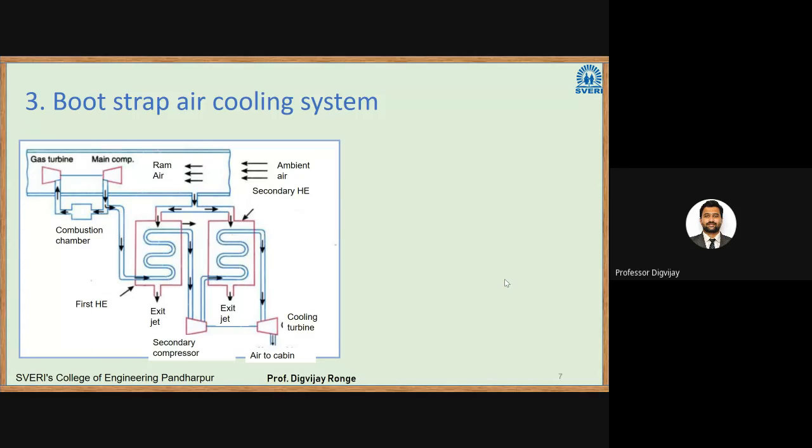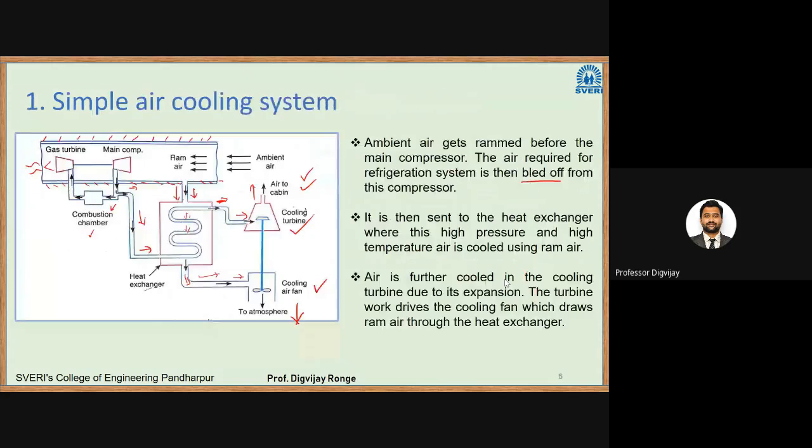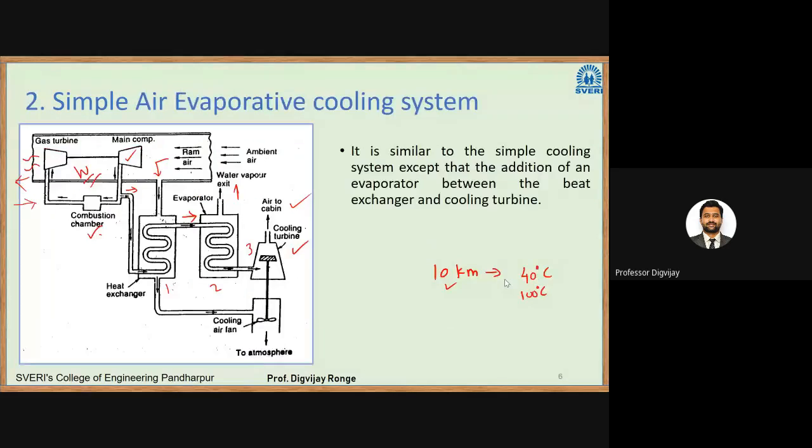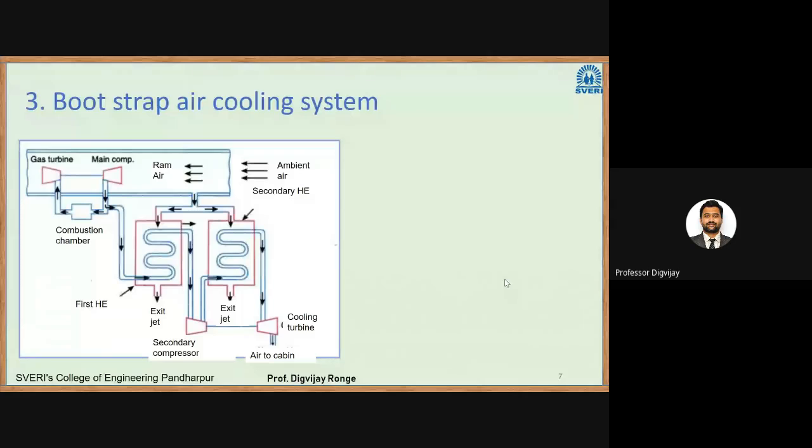Okay, so for your reference, once again I will show you the simple air cooling system. This was the simple air cooling system, in which there was one heat exchanger, one cooling turbine, and one cooling air fan. Next, what we have here is the bootstrap system. So can you guess what new thing is being added here?